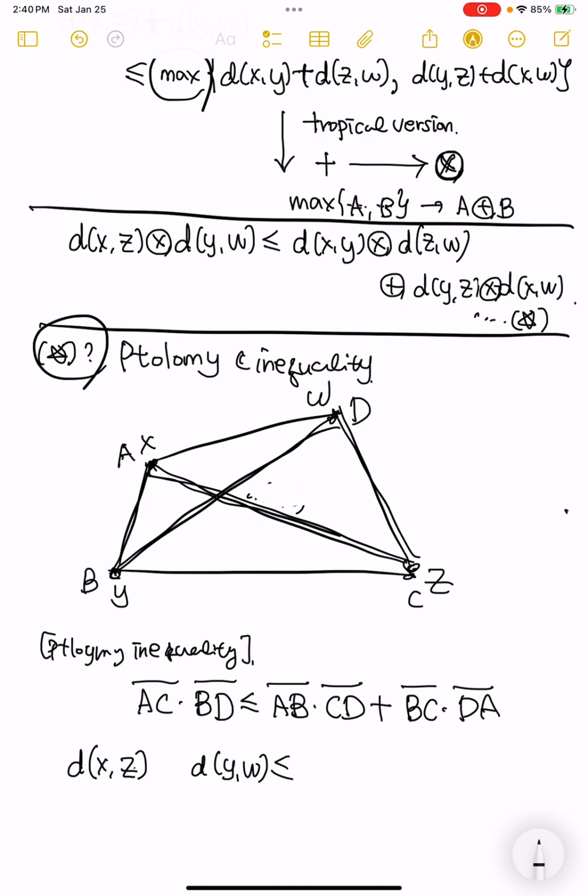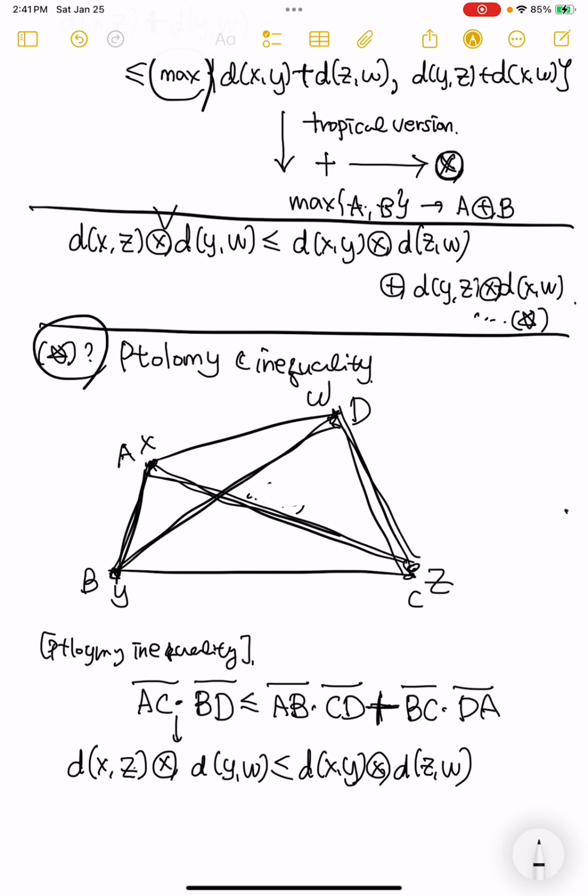Originally the multiplication is usual, but let's think about tropical multiplication. Then AB means dxy, and changing to the tropical sum, CD is dgw.